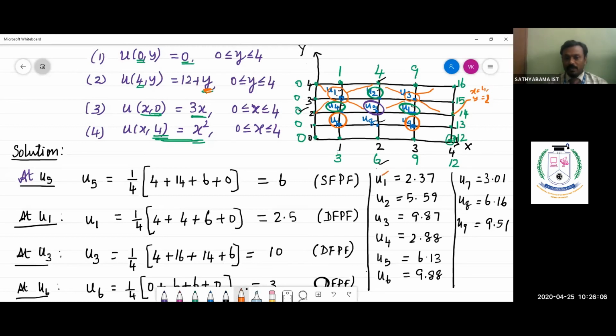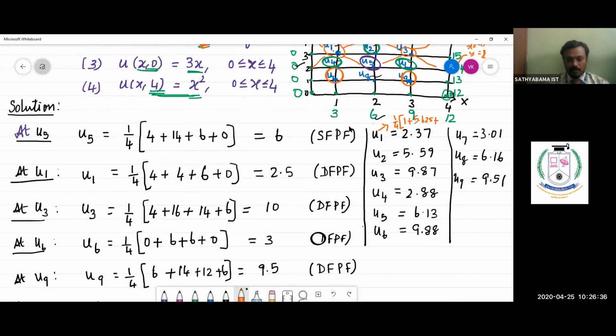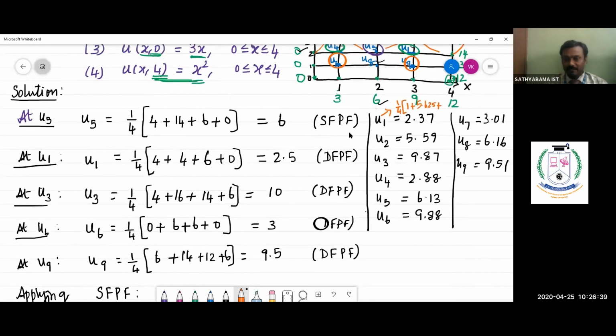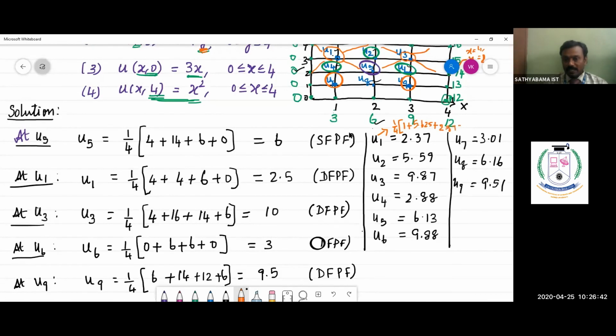For example, your u1 is going to be, applying the diagonal standard 5-point formula, 1 by 4 into 1 plus u2. u2 we have calculated earlier; the initial value is 5.625, plus u4. The initial value for u4 is 2.875, plus the value to the left, that is going to be 0.